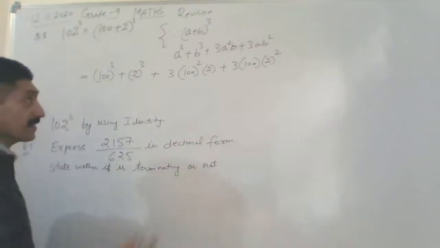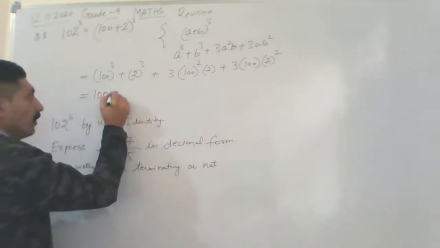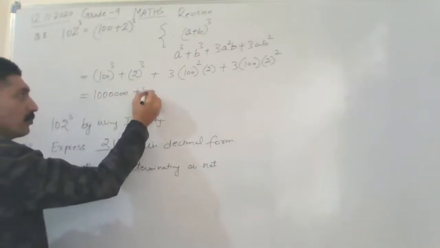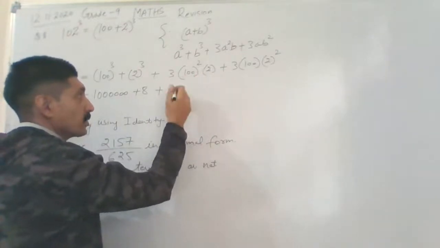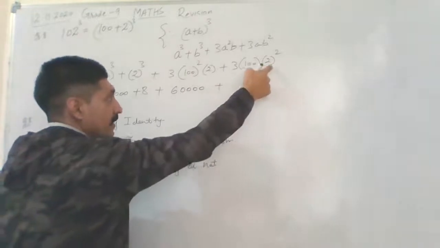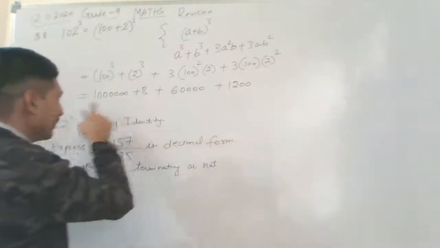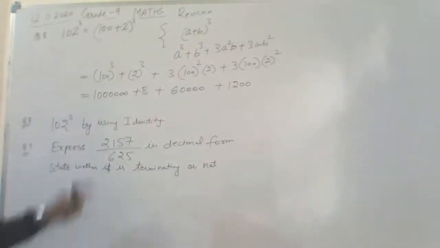No one is solving it, so let me solve for you all. But you have to give the exam, so don't be afraid of the calculation work. It is 3 into 2, 6, 0, 0, 0, 0. And the same here, 4 into 3, 1200. Just add them, and that is the answer.